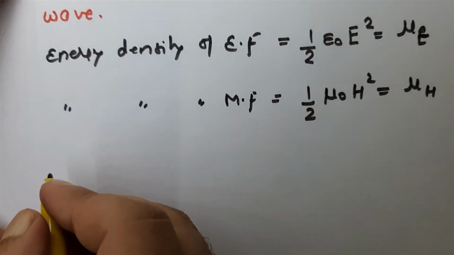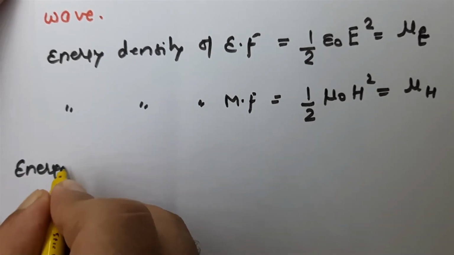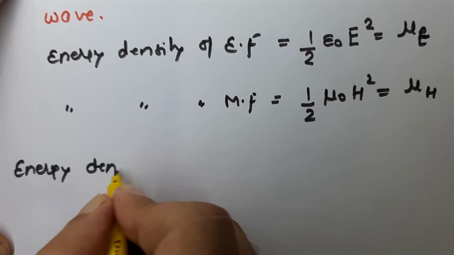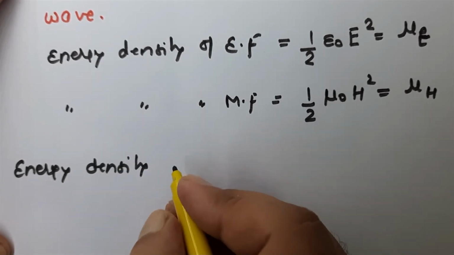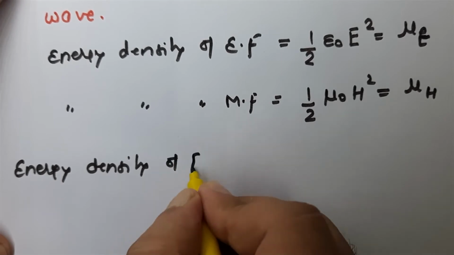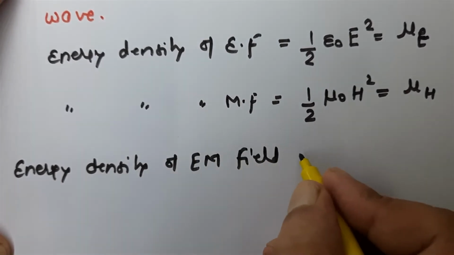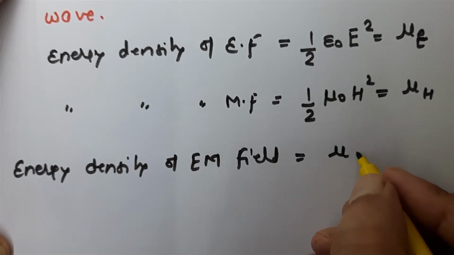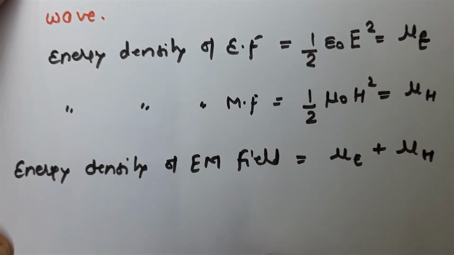So if I am going to calculate the energy density corresponding to electric and magnetic field both, the energy density of electromagnetic field is given by the sum of the energy density of electric field and the energy density of magnetic field.